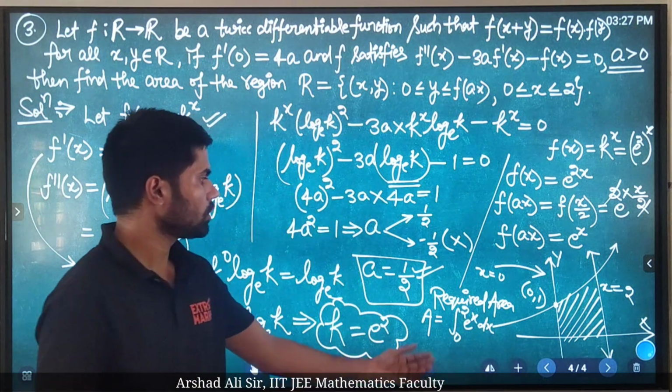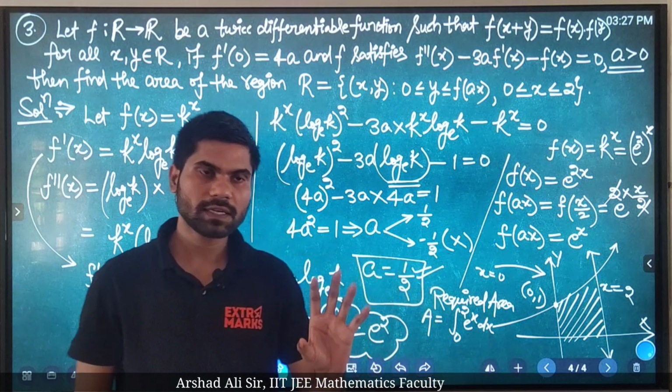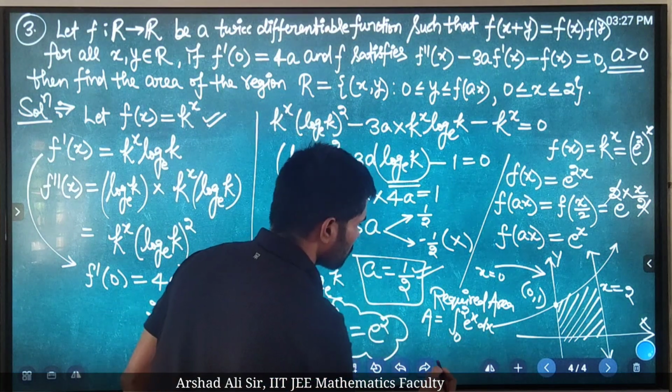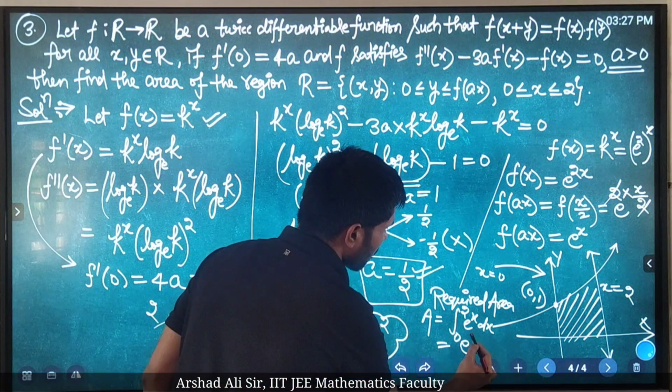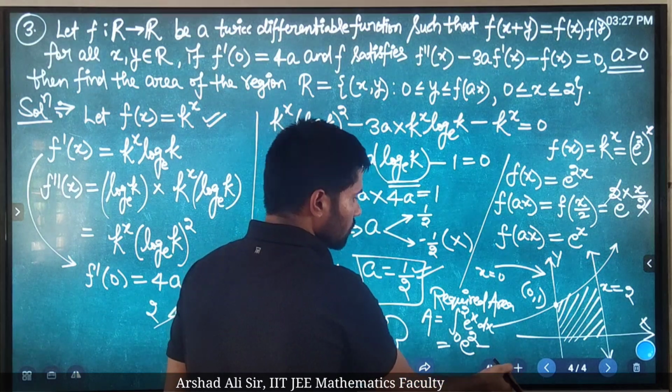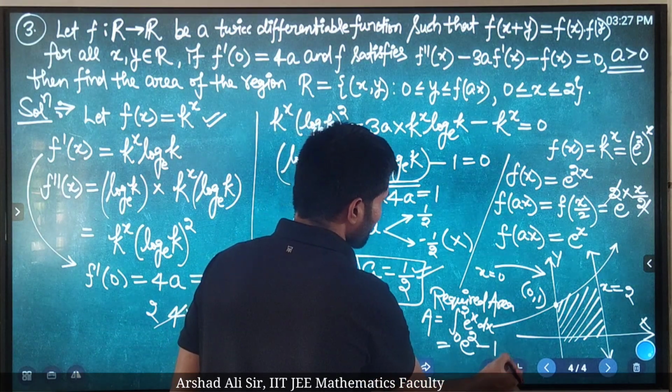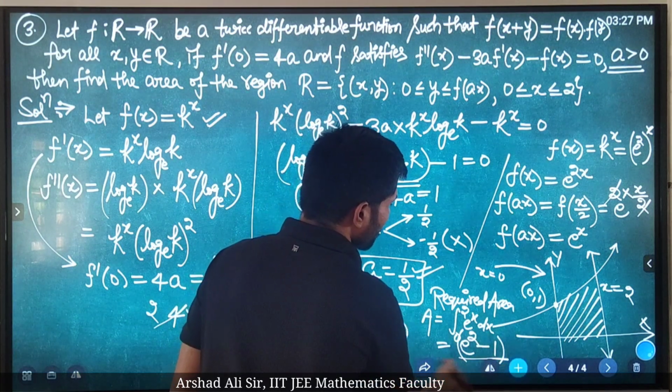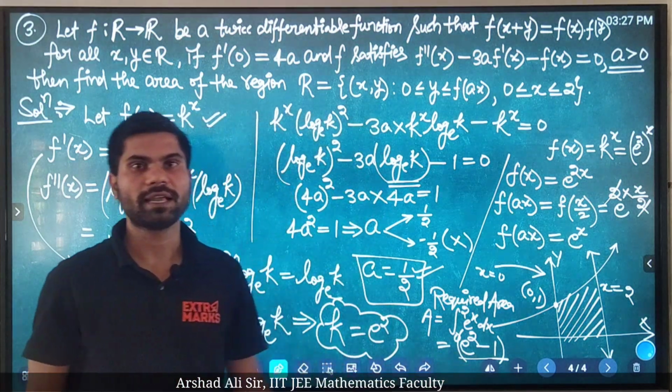Okay students, and we know the integration of e to the power x, upper limit 2, lower limit 0, so e to the power 2 minus e to the power 0, and e to the power 0 is 1. So students, our final answer is e to the power 2 minus 1.